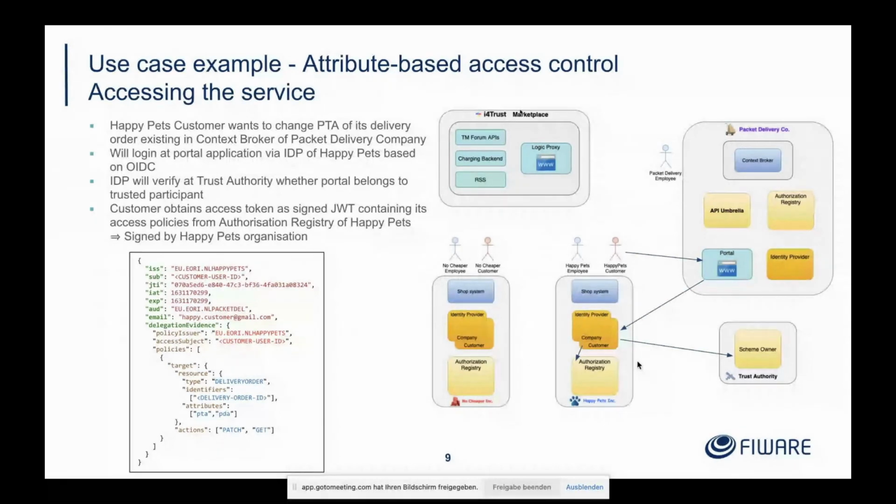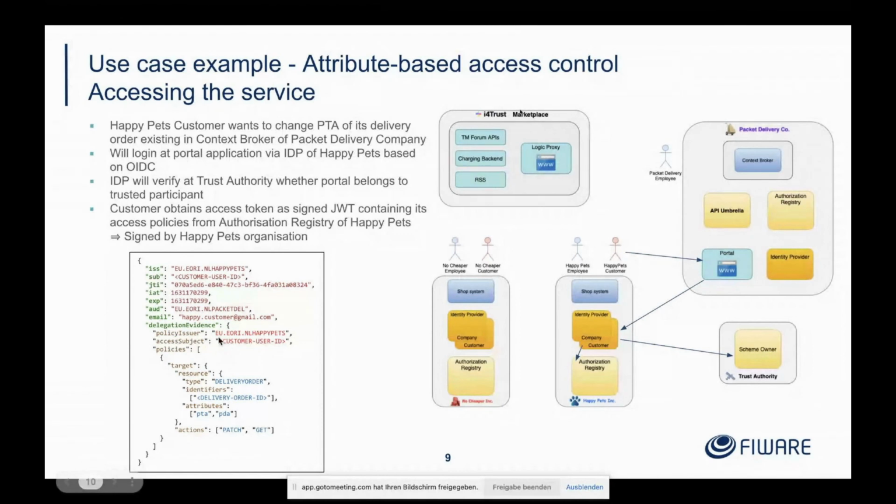Now, when performing this login process and when the customer has entered his credentials, what this customer obtains, and what will be stored in the session of this portal application, is a signed JSON Web Token issued by the IDP of Happy Pets, containing the access policy stored at the registry of Happy Pets about this specific customer user. This is how it looks.